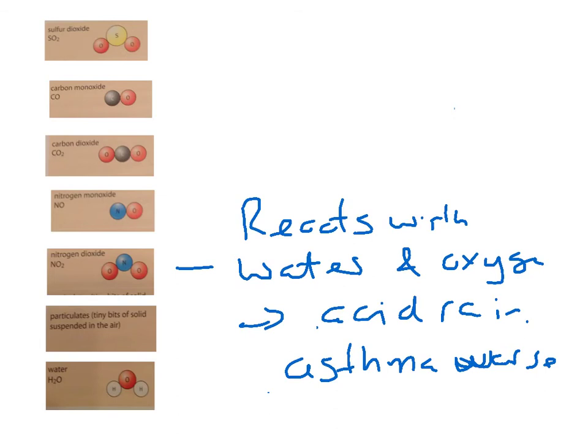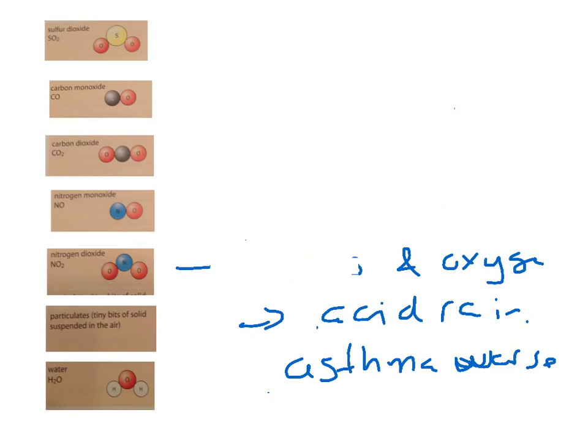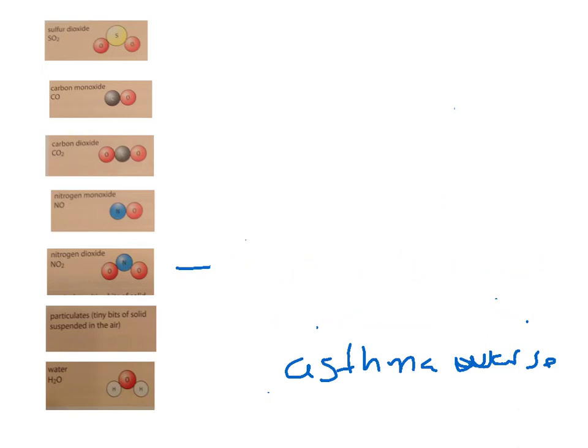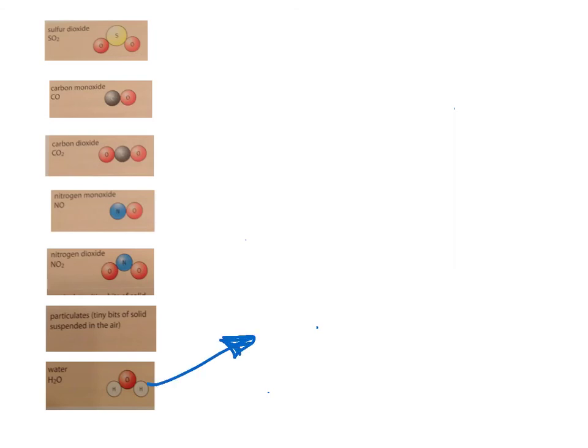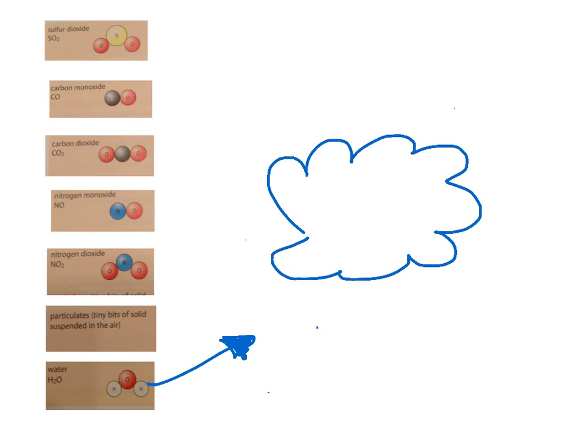So not particularly nice. Okay, so particulates, this is something that we've all seen if we're in London or you live near a road. All the black sooty particles that you see on your window sills and on your front door, that's due to solid little parts of mostly carbon in the fuel. And water in the atmosphere, not a problem, pretty harmless, unless there's a lot of it, in which case if you can't swim then that's a bit of a problem, but that's okay. That's water vapour in the atmosphere. As we all know, that can be formed into clouds.